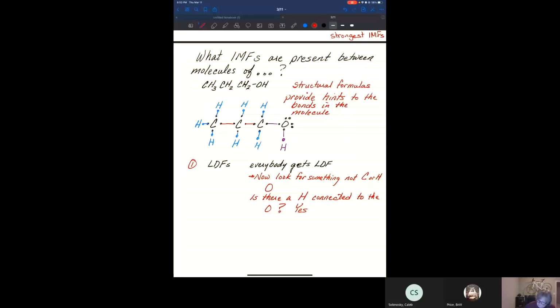Because the answer here is yes, that means I have HB interactions. If you have HB interactions, you automatically get dipole-dipole.